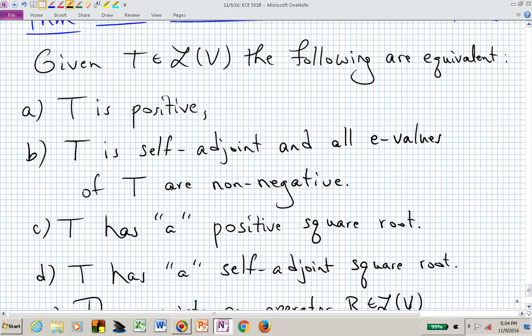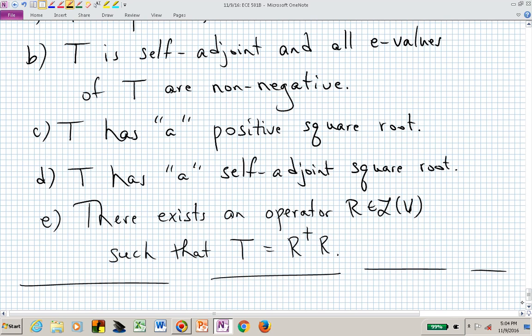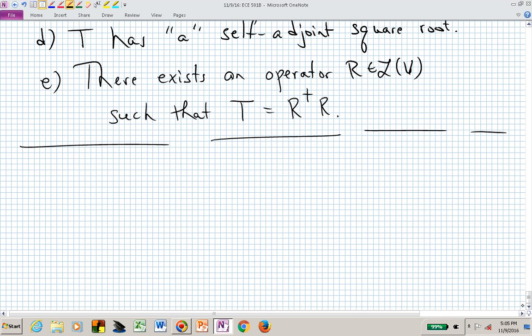If you have a positive operator, then you can find a positive square root for that operator. Or you can find a self-adjoint square root. Or you can factor it into an operator that is then made up of its adjoint times itself. Let's look at some examples of these concepts in matrix terms.